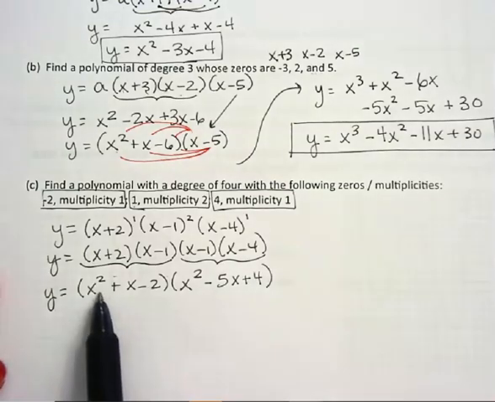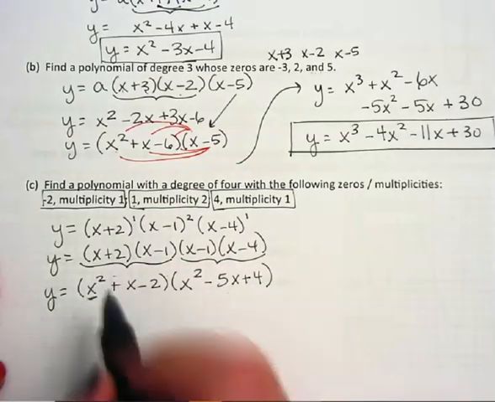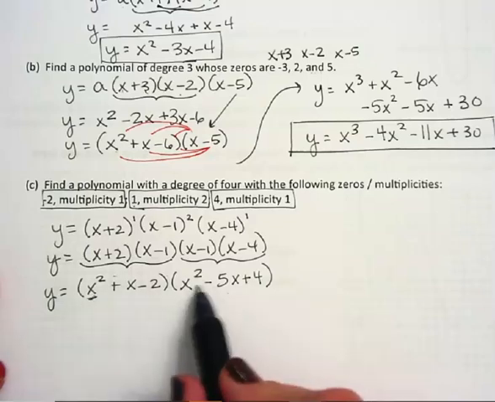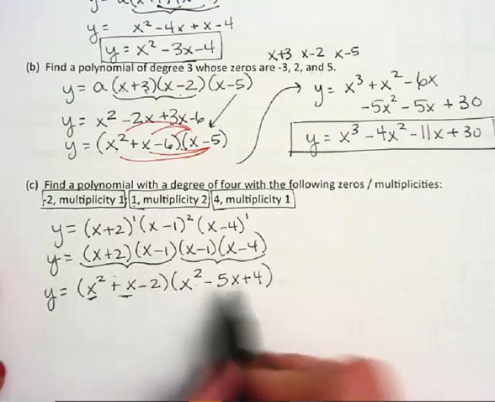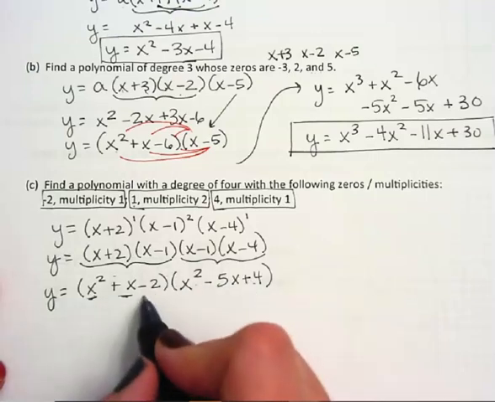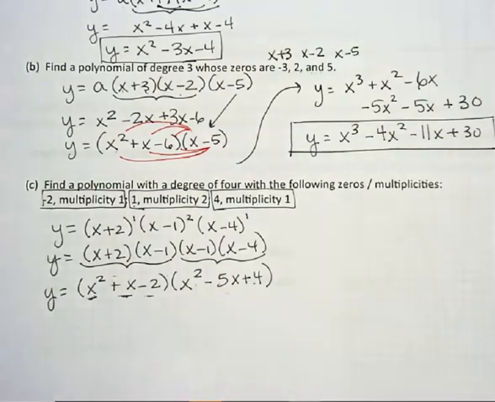And then you can do box method here, or you can do repeated distributive property. You can take this first term x squared and distribute it to all three of these things. Then take the middle term x and distribute it to all three of them. And then take the negative 2 and distribute it to all three. And then you would combine like terms. So I want you to pause your video and do that math and then come back and check my work with yours.